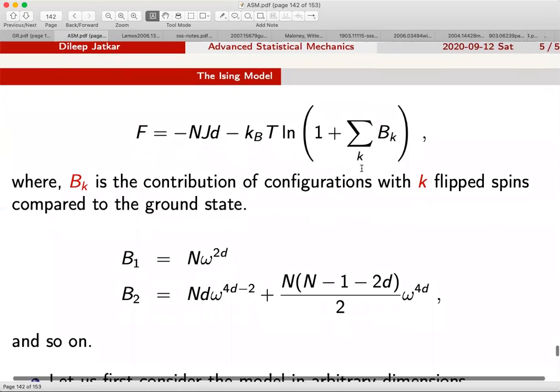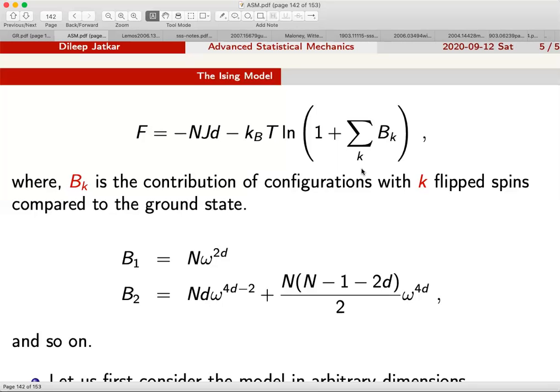Now remember, we have done this computation up to 2 spin flips. So in principle, we can do the expansion of this log to reasonably high order, but our computation is reliable only up to 2 spin flips. So let's do the comparison only up to that point.